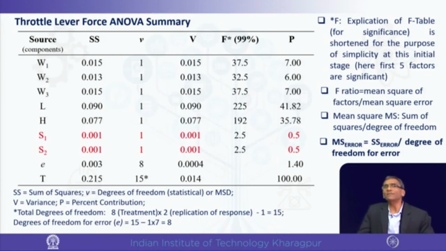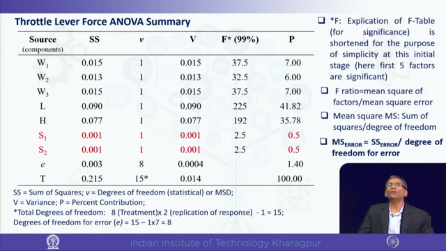So, from here we find that the percent contribution of these two components, this lever and casing, are maximum, and they constitute more than 75% of the whole variation.